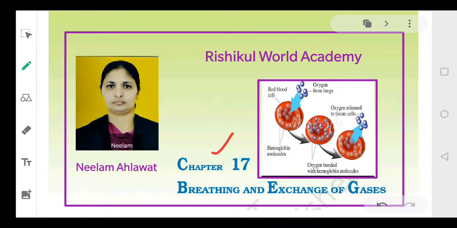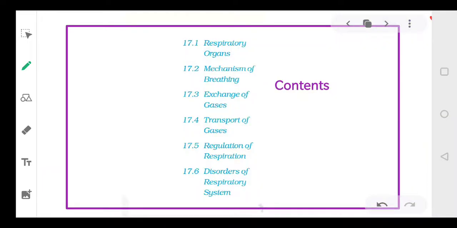So, name of chapter 17 is Breathing and Exchange of Gases. I'll also send you the PDF of this chapter. Now, this chapter will include the following components. We'll talk about the respiratory organs. Second topic will be mechanism of breathing. Third is exchange of gases.